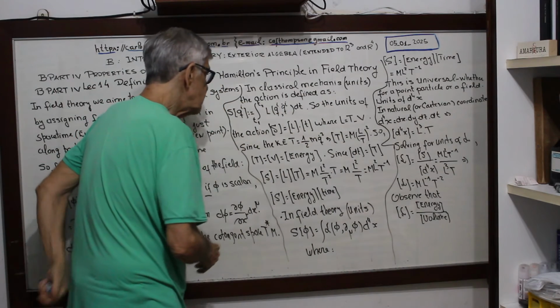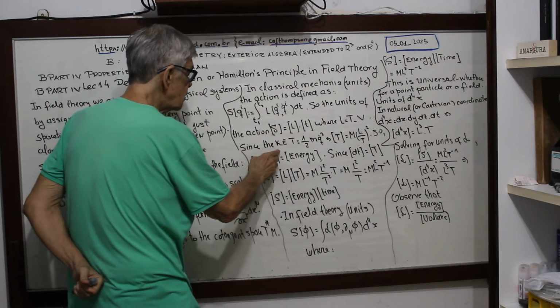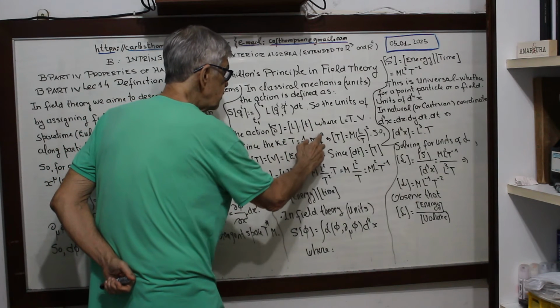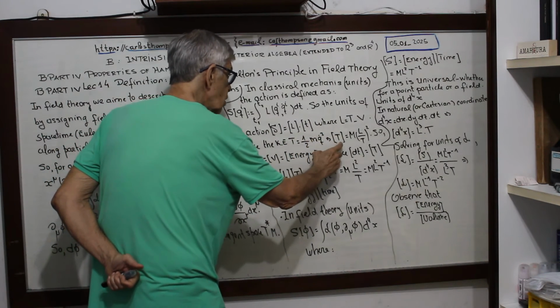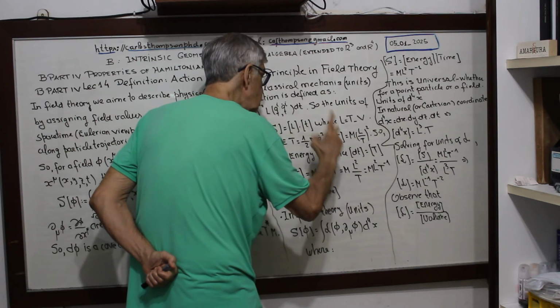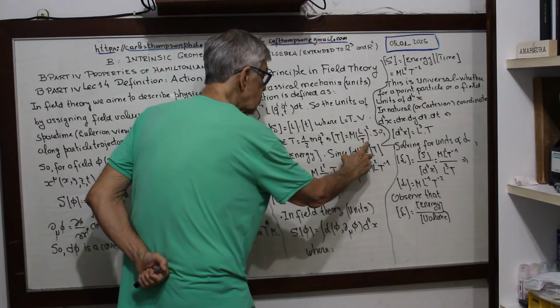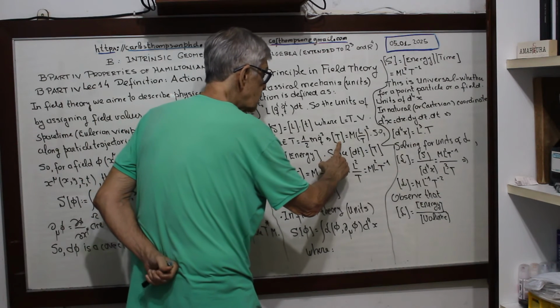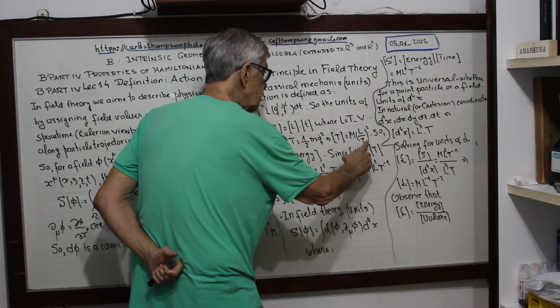This is already derived. Since the kinetic energy T is one half of m v squared, its units are m L squared over T squared. Don't confuse this T, the kinetic energy, with this T, the time.